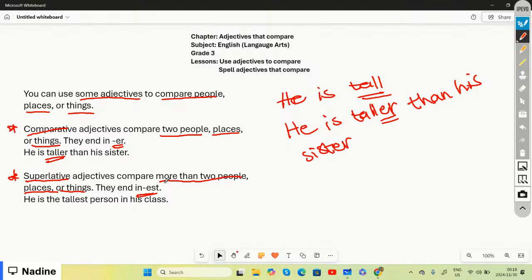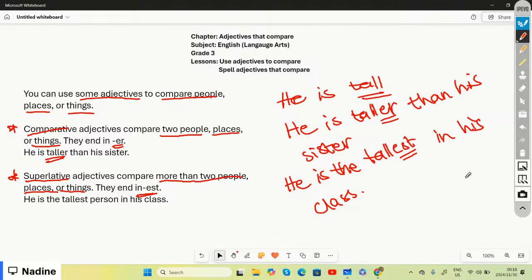So if we compare him to the rest of the class, or the rest of the family, then we can say he is the tallest in his class.